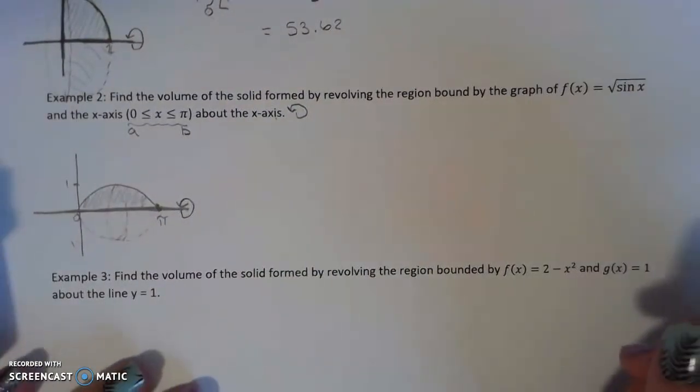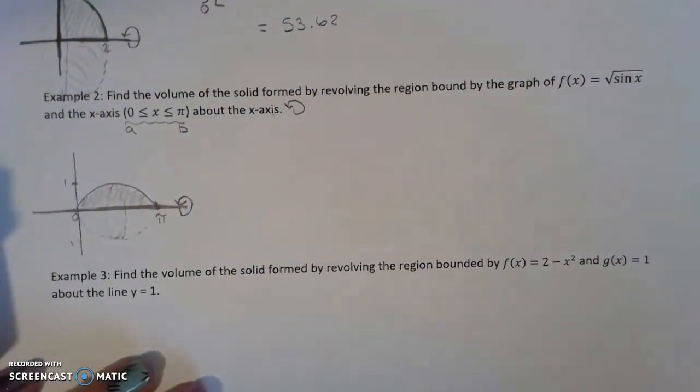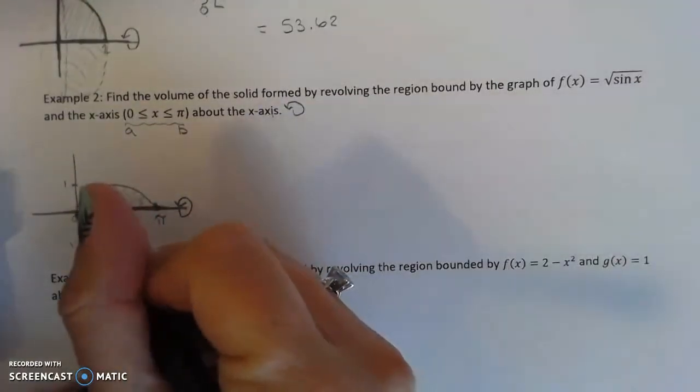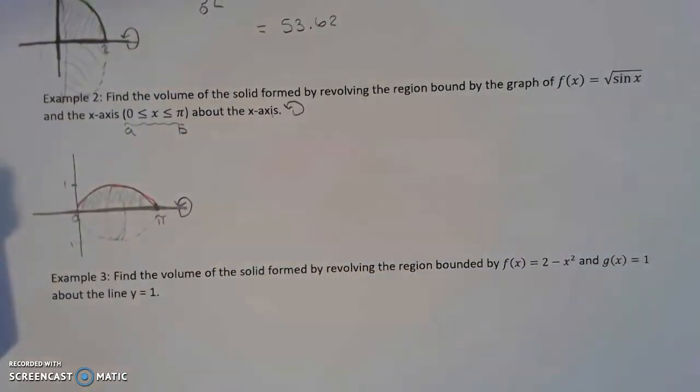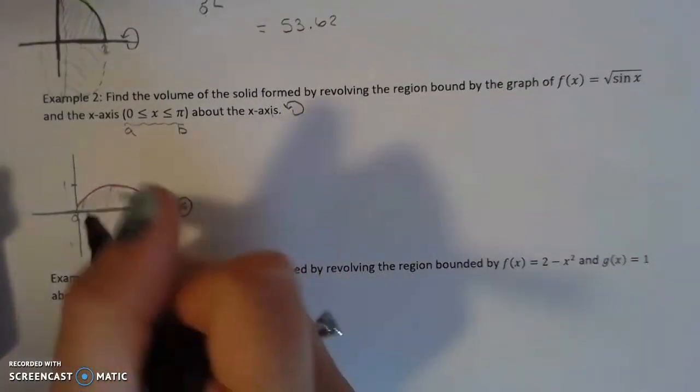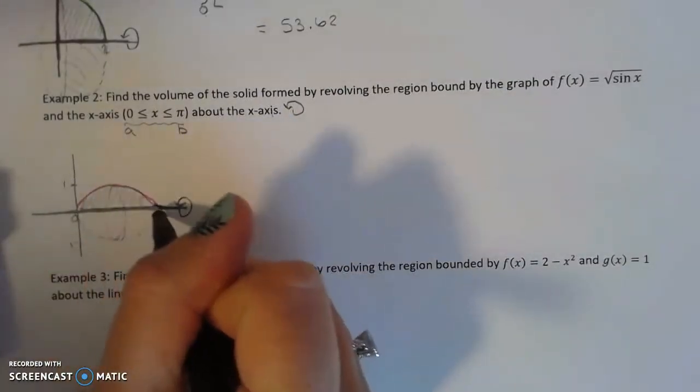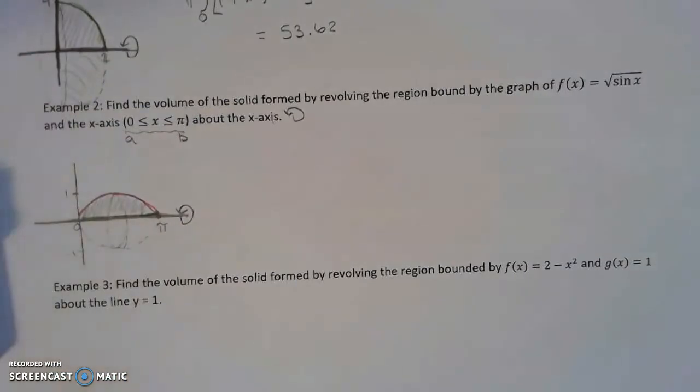Okay, so now we need to find the volume of it. When we're talking about our function, we've got a top function, which is the outside of this object. So that's this piece that's being rotated. And then our inside function, or our bottom function that we're going to subtract, actually is just the x-axis piece right here.